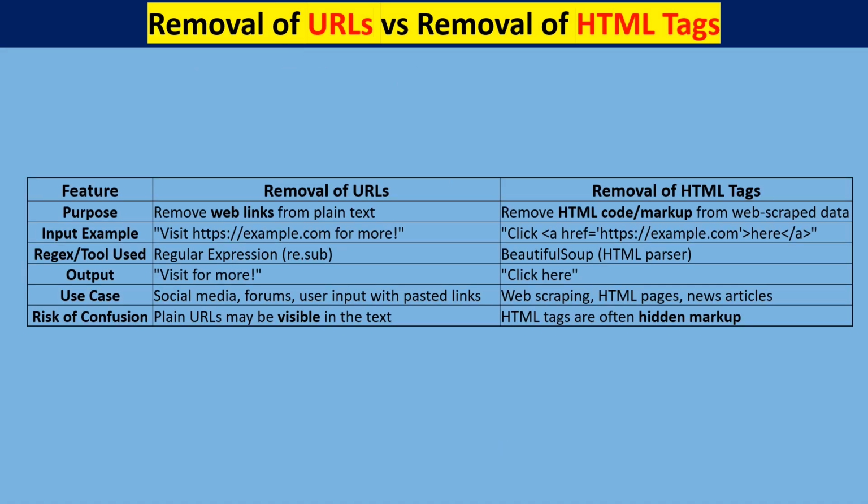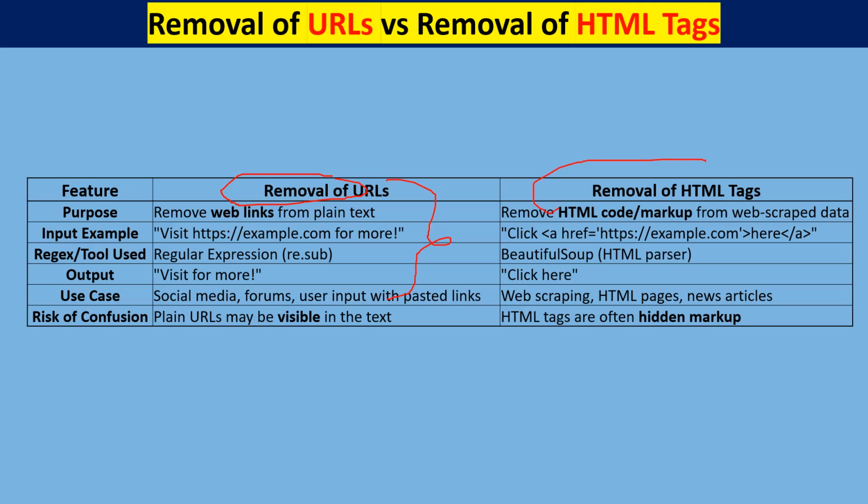Removal of URLs versus removal of HTML tags. With removal of URLs, we strip out actual links, http, that often clutter text data. The focus is on cleaning links from tweets, emails, and messages, using regex to match and remove patterns that begin with http or www, which helps eliminate external link noise.